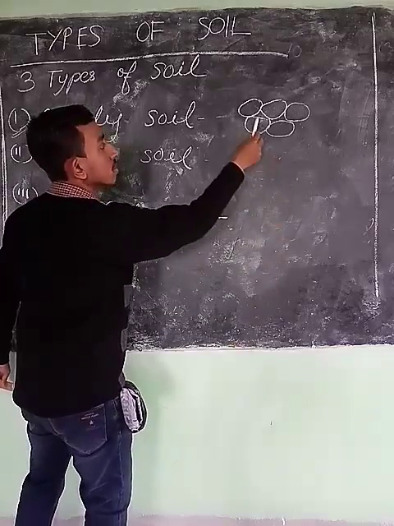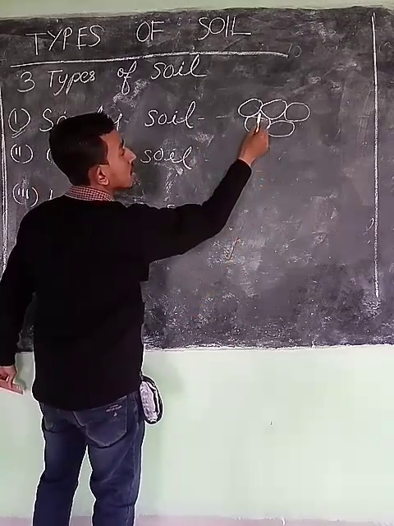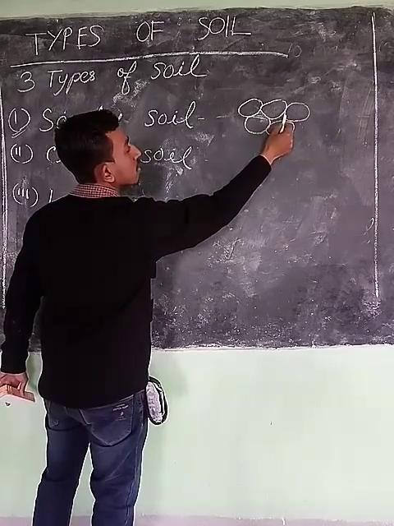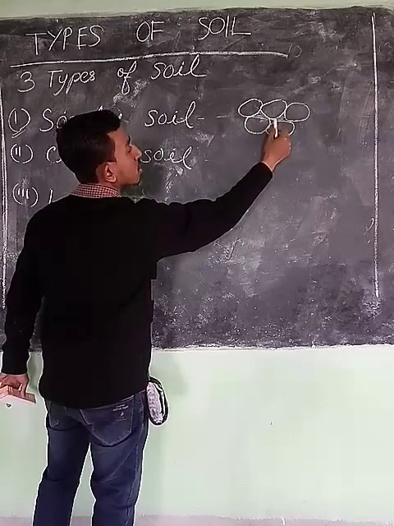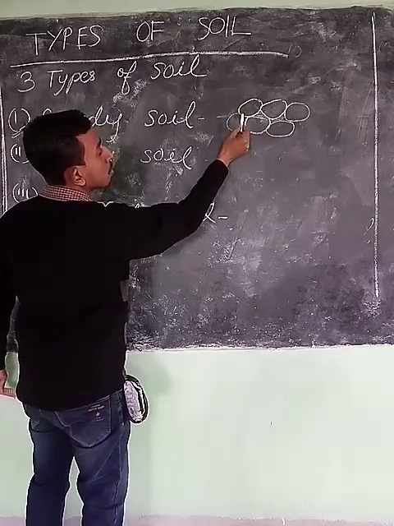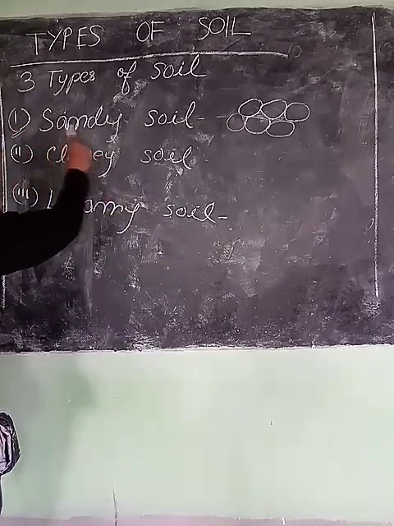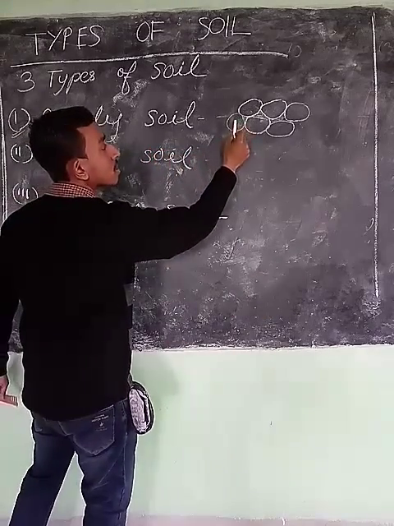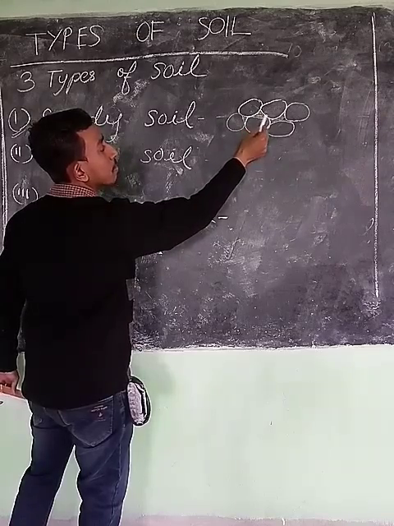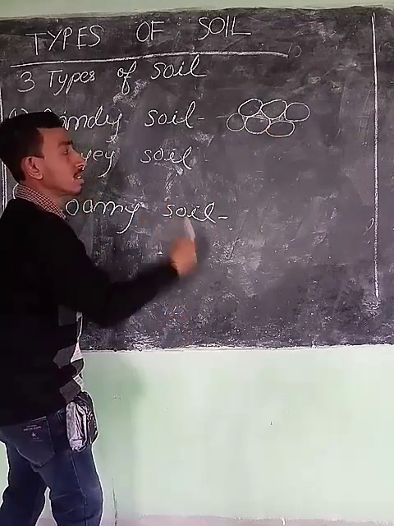Due to the large size of the particles, much more space is present between the rock particles. In case of sandy soil, the particles are very large and the space between them is also very big.